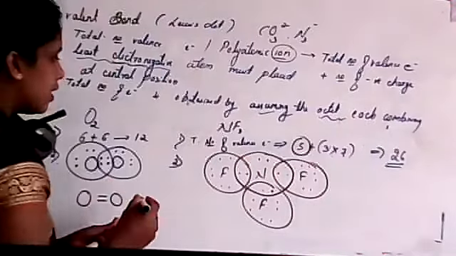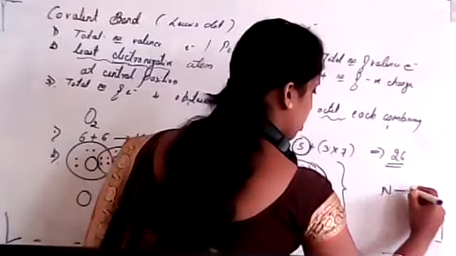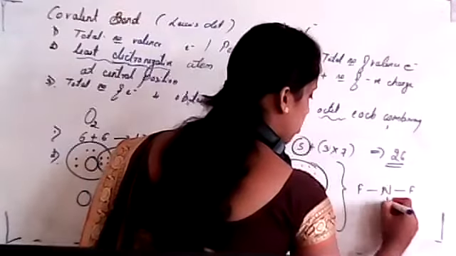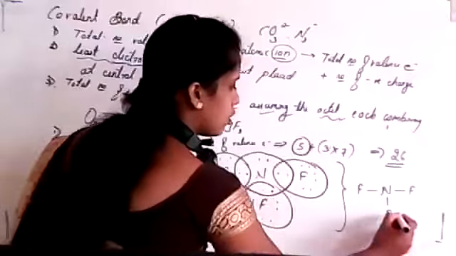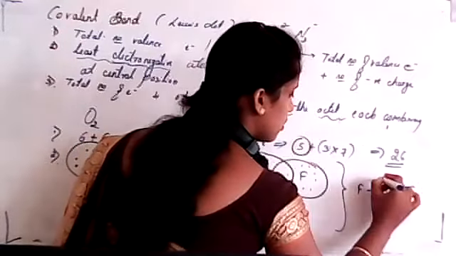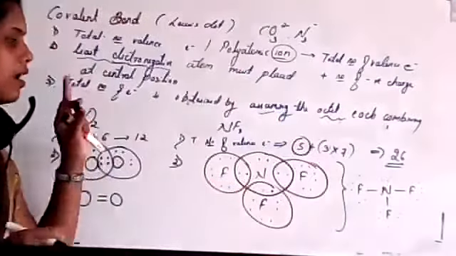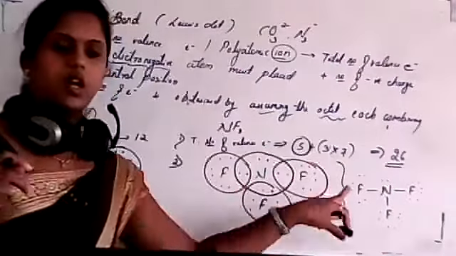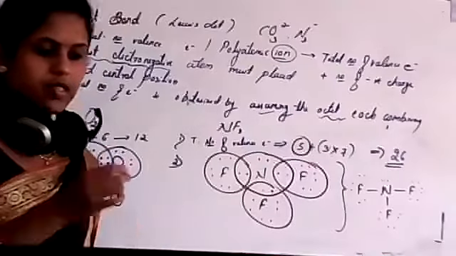Simply, we'll write nitrogen single bonded to fluorine, fluorine and fluorine, and the remaining electrons as lone pairs. So you can write either like this or like this. Is this clear, students?